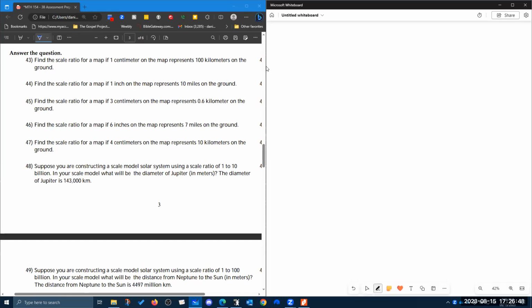The scale ratio on the map, that's 6 inches, represents 7 miles on the ground. So again, we're going to have to convert miles to inches to get our scaling factor. To do that, we're going to have to convert miles to yards first. So we're going to use that same conversion factor that we used just a second ago.